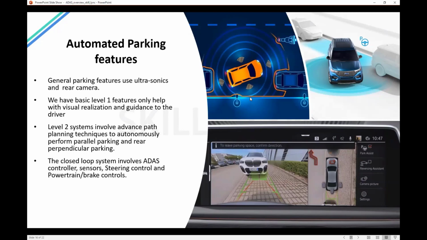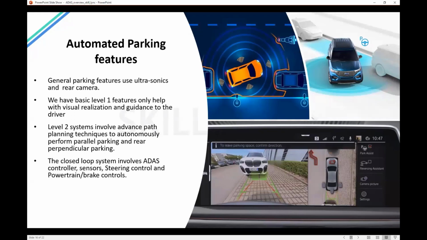It is a very interesting feature, and different OEMs do it very differently. For example, some OEMs can completely autonomously park, while some OEMs only give steering input, and the driver is still responsible to give the throttle input. But there are different modifications on this feature right now.